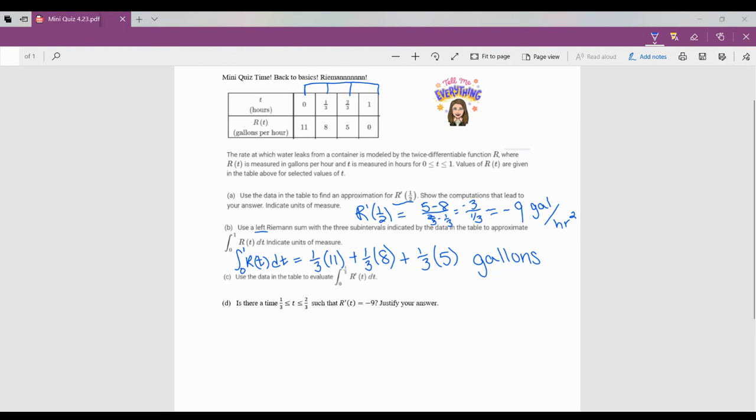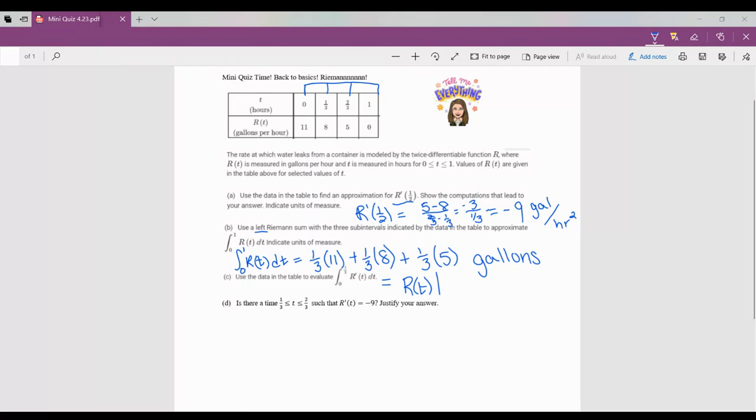All right, for letter C, we don't have the data for R prime, so we can't do a Riemann sum or anything like that. But what we can do is we have the integral of R prime, so we can find the antiderivative of R prime, which is R of t.